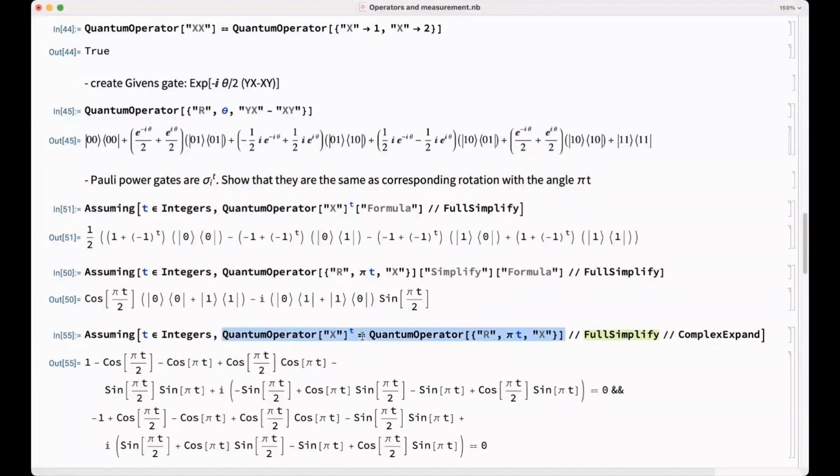In a lot of literature we do not say that explicitly. We would say that look, Pauli power gate is the same as rotation by a given angle, and then we would tell that they are the same because the overall phase is not included. Now, if I remember correctly, the overall phase is e to the i half pi t. That's what I remember. Let's just try that and see if it gives us the same answer.